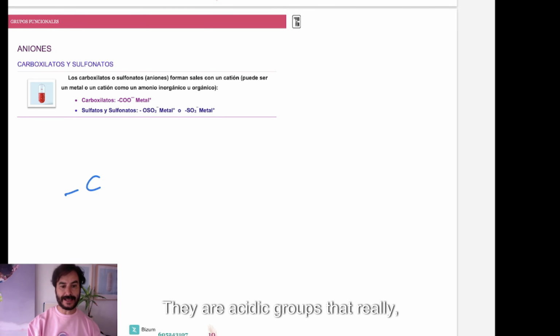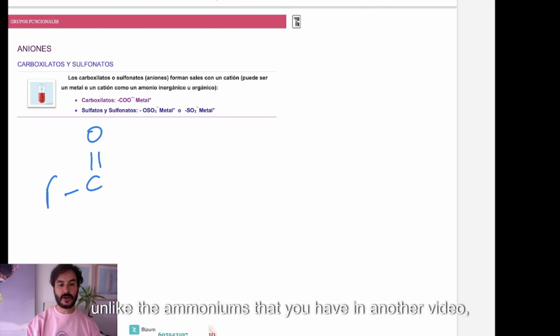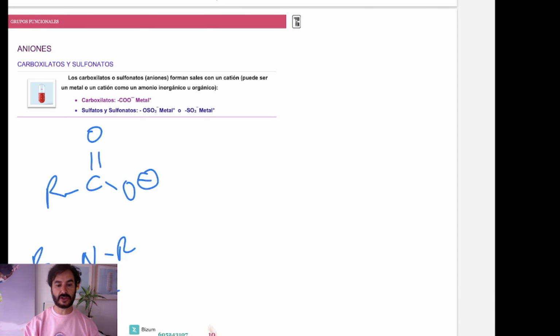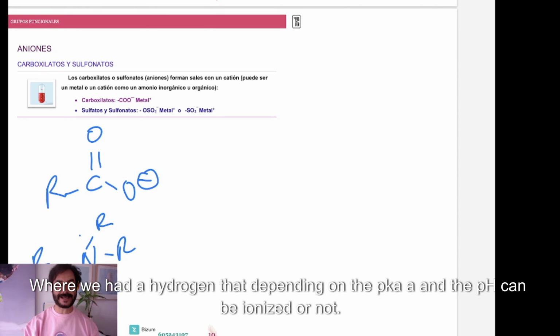They are acidic groups that, unlike the ammoniums that you have in another video, which could be fixed, where there are 4 radicals, or could be labile, where we had a hydrogen that, depending on the pKa and the pH, can be ionized or not.